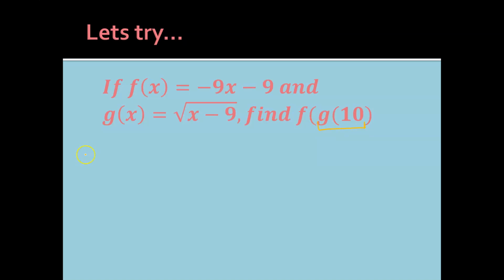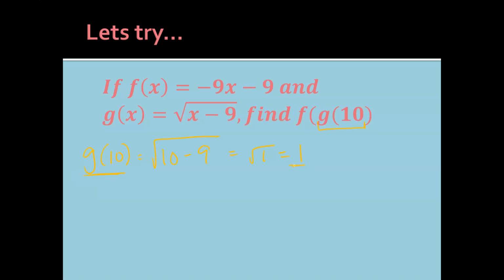So first find g of 10. So I'm going to replace all my x's in the g function with 10. Now this is the square root. You simplify underneath the radical before you take the radical. So it's going to be the square root of 1, which is just 1. Well, you could have used your calculator if you wanted to. So now I have that g of 10 equals 1.